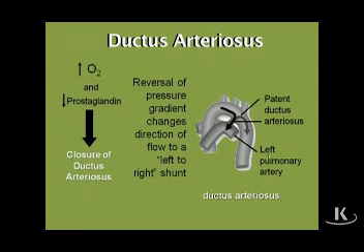Certainly, one of those mixing defects was a patent ductus arteriosus, because these kids are very hypoxic. So, in that case, if we address the hypoxia by administering oxygen, that oxygen is going to cause closure of the ductus arteriosus, which is likely to lead to the death of the child.